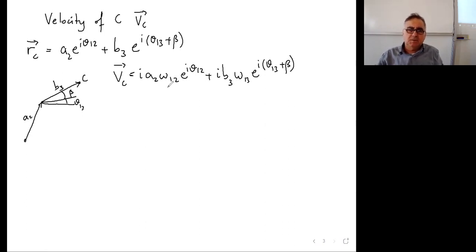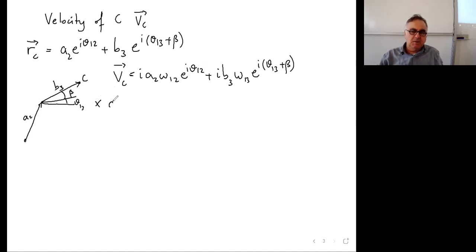Supposing that we have solved for omega-1, 3 before using the loop equations, we know everything, but we might want to express the x and y components. We have to take the real and imaginary parts of that.